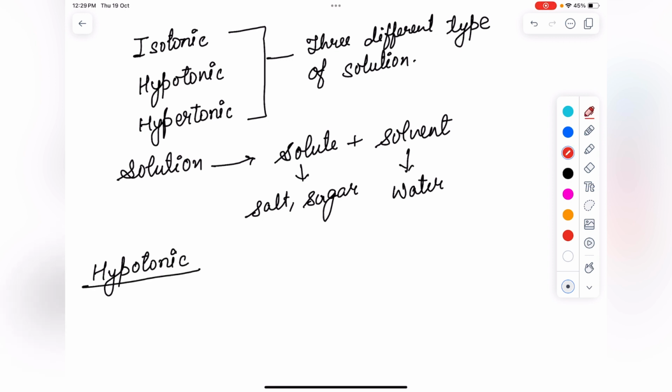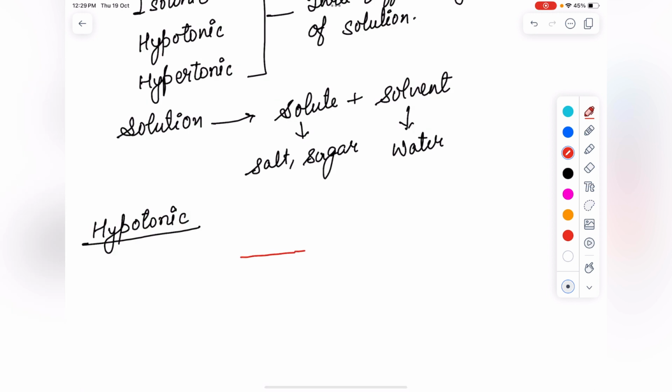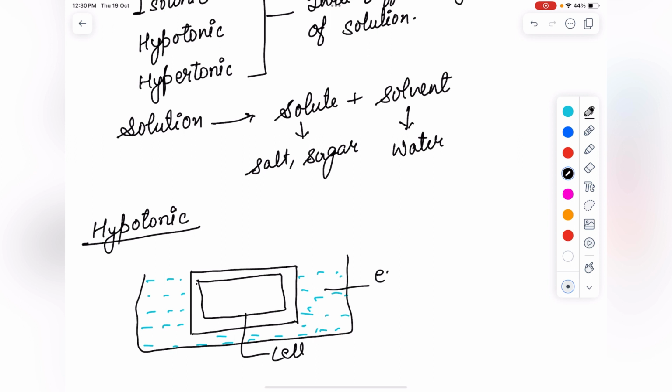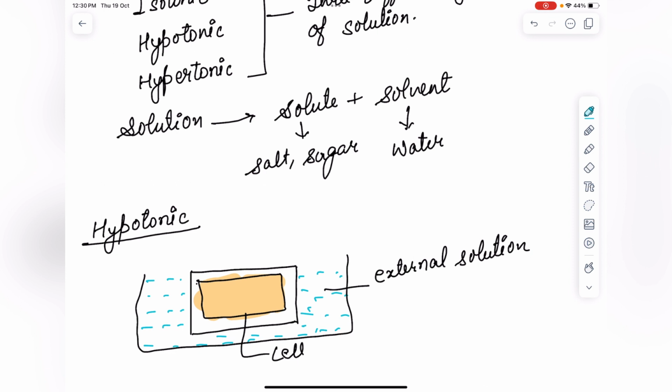What is hypotonic? First of all, I'll make a cell. This is a cell. This is the external solution, and if it is more dilute than the cytoplasm... We know that सेल है, सेल में साइटोप्लाज्म है, तो ये एक्सटर्नल सॉल्यूशन है. सॉल्यूशन में क्या होगा?